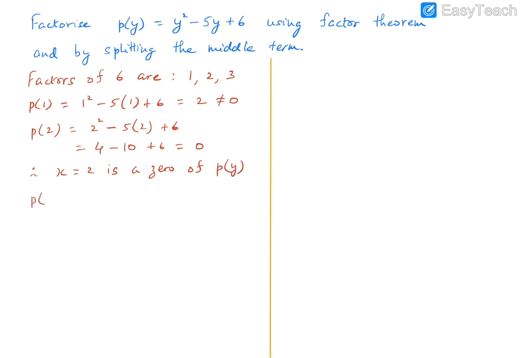And similarly, let's check for 3. In this case, the variable is y, so I'll have to write this as y equals 2 is a zero of p of y.